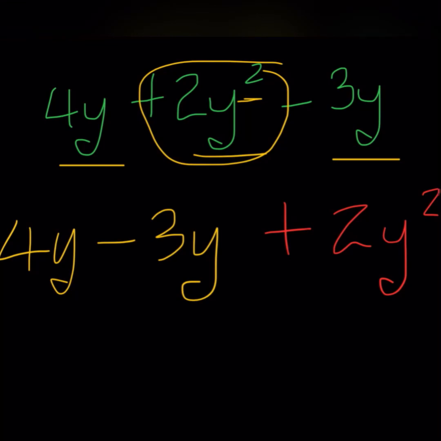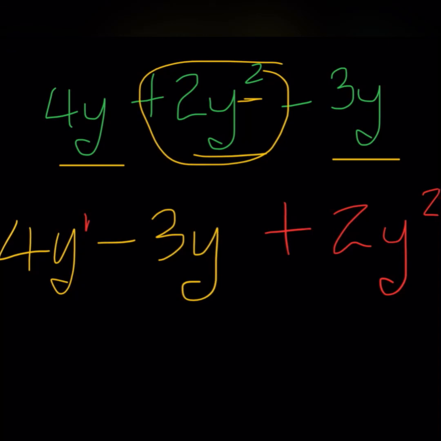Remember when we did the laws of indices and we said whenever we see a base without a visible power, we know it's raised to the power of 1. So 4y is raised to the power of 1. And in 3y, y is also raised to the power of 1. So those are like terms and 2y squared is unlike.